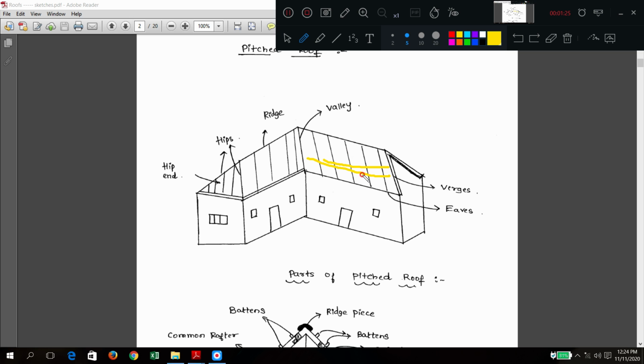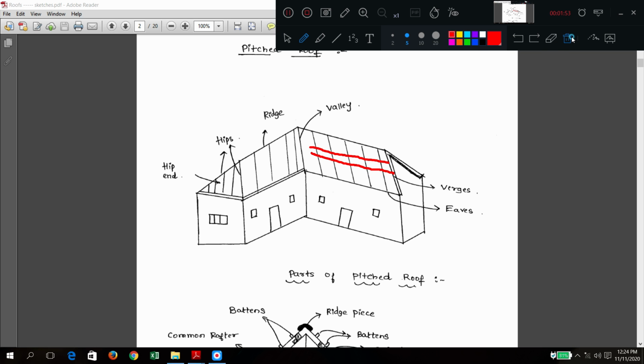These are called purlins. From the ridge, the highest line, some members run like these lines I am drawing; these are called rafters. Sometimes to support them we have some more horizontal members, called purlins. Like this there are so many members. We will see them one by one.